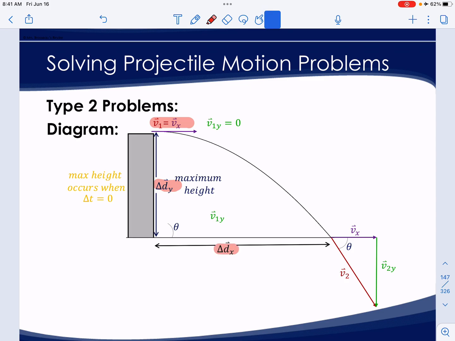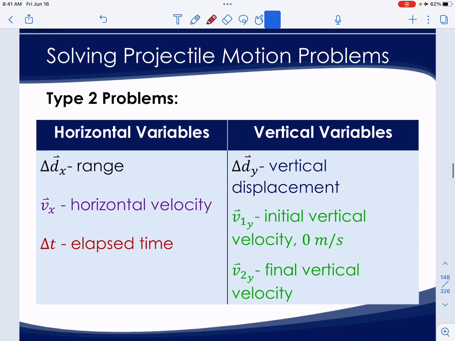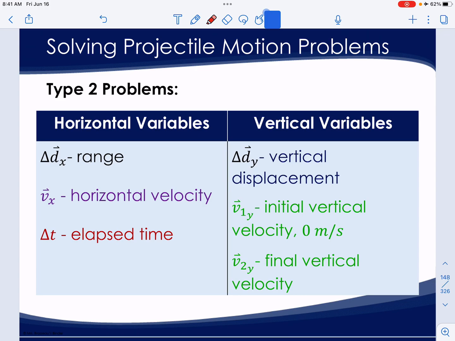And then here are your other variables. Our delta dx is the range, our vx is the horizontal velocity, delta t is the time elapsed, delta dy is the vertical displacement, v1y equals 0, and v2y is not equal to 0.